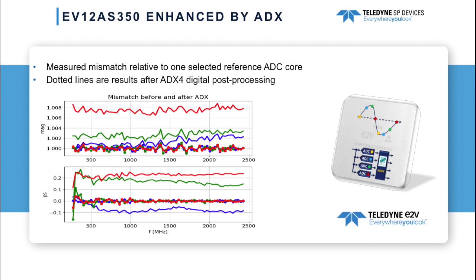Each of these solid lines is the ADC's errors before we've applied ADX, and then these dotted lines that show the magnitude and phase or time mismatch after ADX is applied shows significant improvements to each of these 2 parameters when you're matching magnitude and time delays.